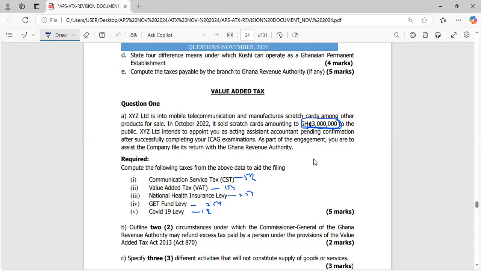So for you to know how much will be for communication service tax, how much will be for value-added tax, I gave two approaches. The second approach is what he is using. First of all, calculate the VAT on this amount. So the VAT will be 15 over 115, multiplying the 3 million. How much will you get?